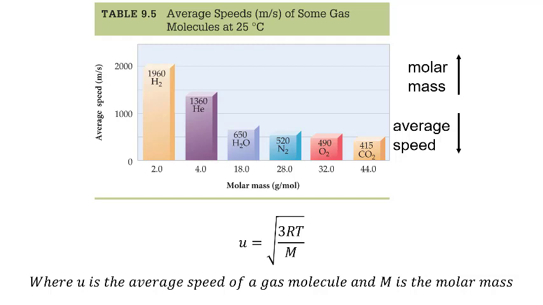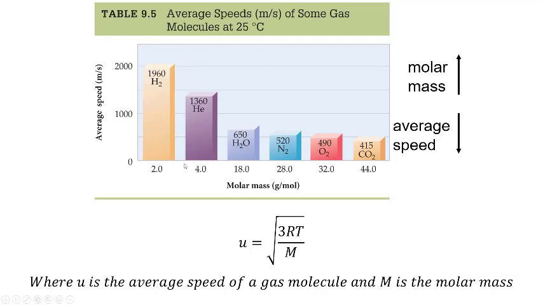And so here we have an equation: u is equal to the square root of 3RT over M. I don't need you to memorize this equation specifically, but understand that velocity, as we mentioned previously, is dependent on the temperature, but it's also inversely proportional to the large M here, which is the molar mass of the gas. So what that tells us is if T is held constant, and we change the molar mass of the specific gas that we're talking about, we're going to affect the velocity inversely.